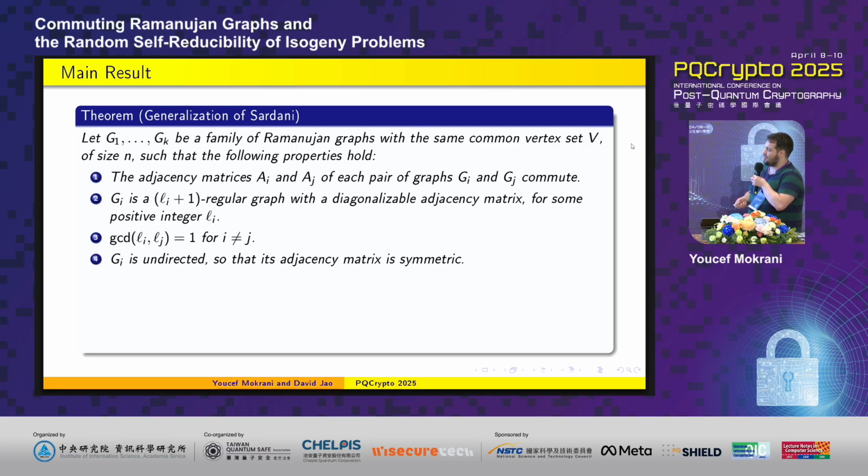And finally, this is the biggest limitation, we need every graph to be undirected because we need the adjacency matrix to be real. And we need the adjacency matrix to be symmetric because we need the eigenvalues to be real.